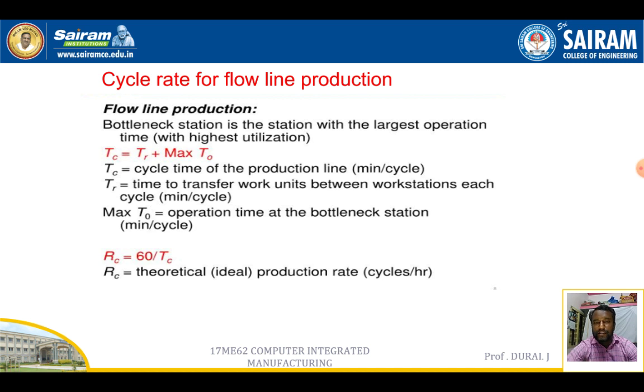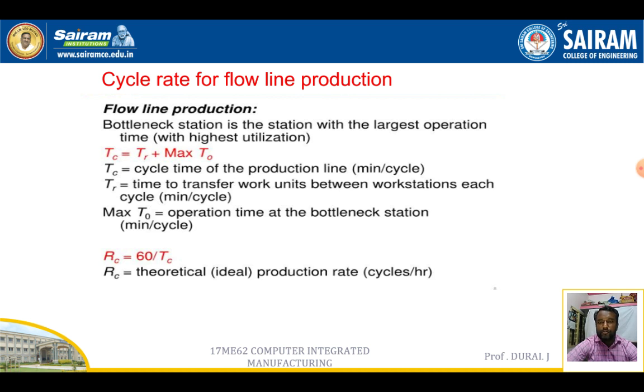Then comes the cycle rate for a flow production system. The bottleneck station is the one with the largest operation time. Suppose three or four machines are connected in series. The machine that takes the most time to perform the operation is called the bottleneck station, and that machine's idle time will be 0.